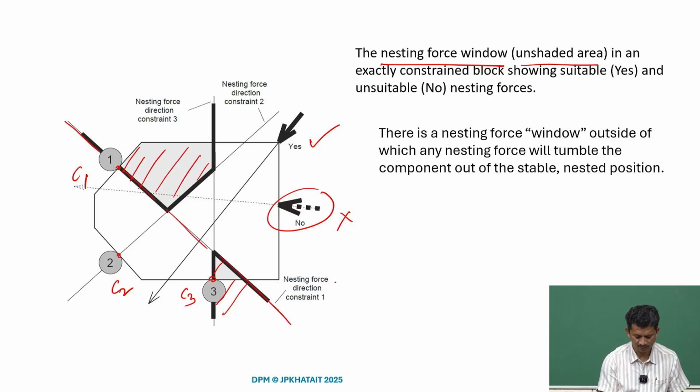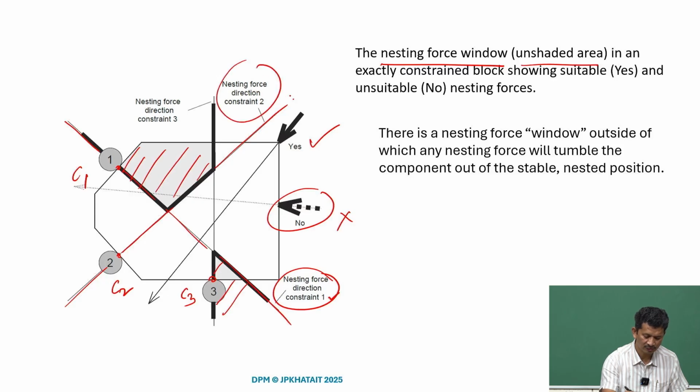So, this is what is mentioned, nesting force direction constraint because of the 1. Along C2, this is because of the contact C2. So, these are the constraint directions. Similarly, if we pass through point C3, so this is because of the contact C3.